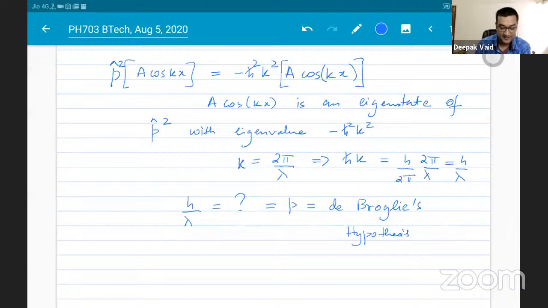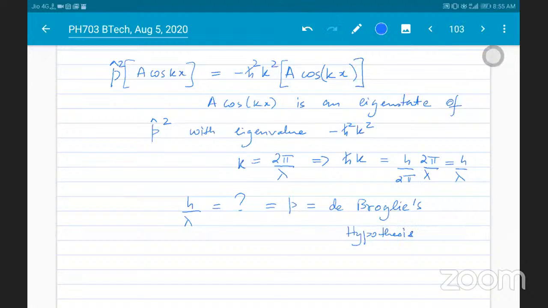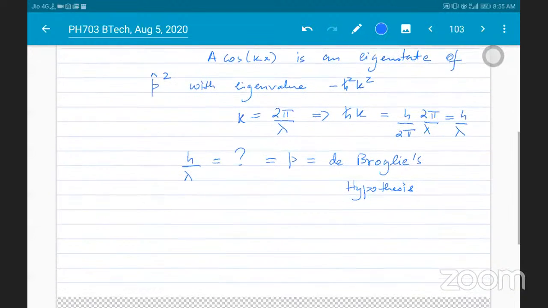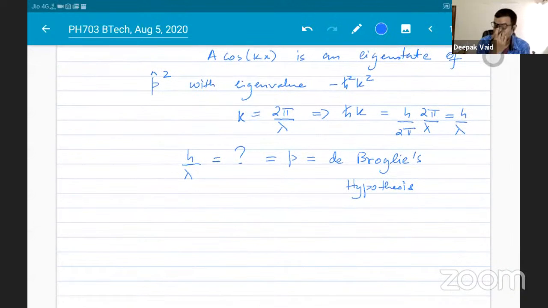Do you remember? What was de Broglie's hypothesis? That a particle with a certain momentum p has a wavelength lambda equal to h by p.